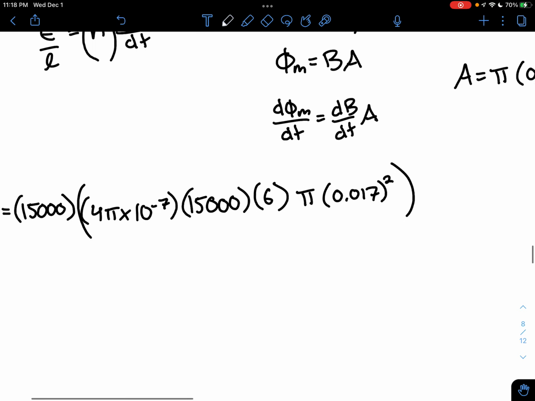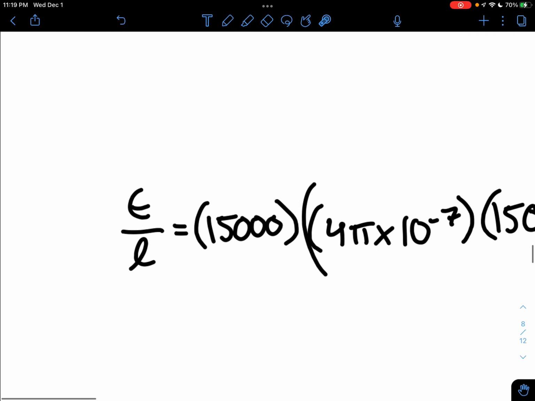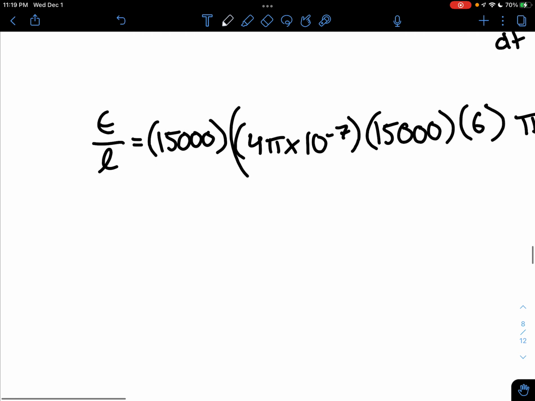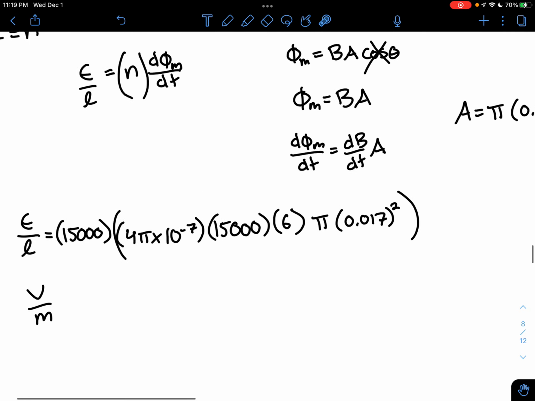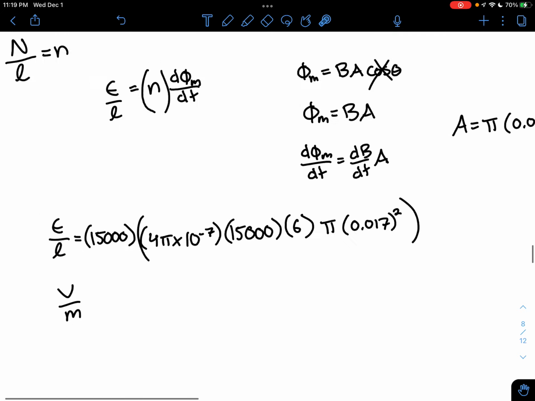So from our original equation, we have our n times our magnetic flux change, which is all of that. If you punch all this into your calculator, it will give you your answer for the EMF in volts per meter, because our EMF is in volts and length is meters, since these are both base units, always base units, and you don't have to worry about anything at the end. This is just going to give you your final answer for EMF per length of the solenoid.